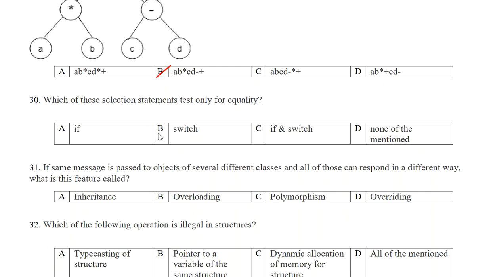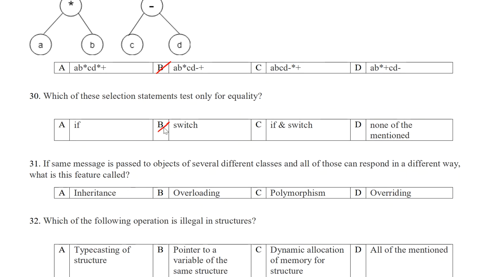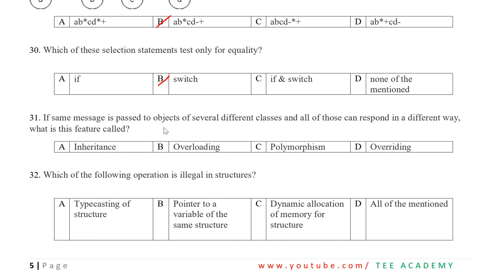Okay, it is the switch. Next one, if the same message is passed to objects of several different classes and all of them respond in a different way, what is this feature called? It is called polymorphism. C is the right option.